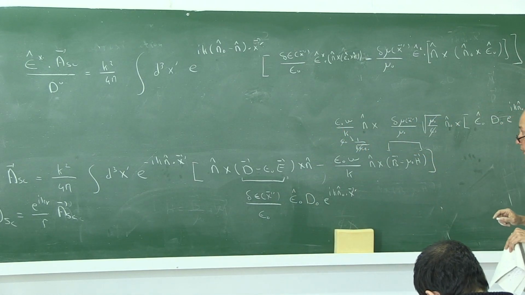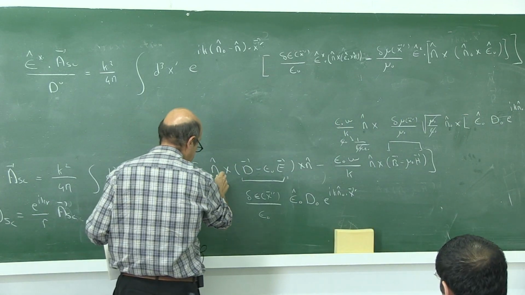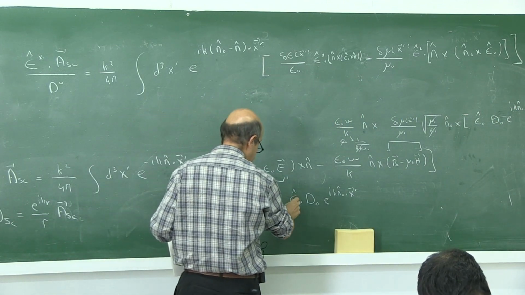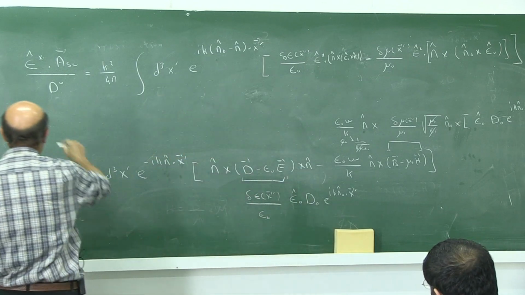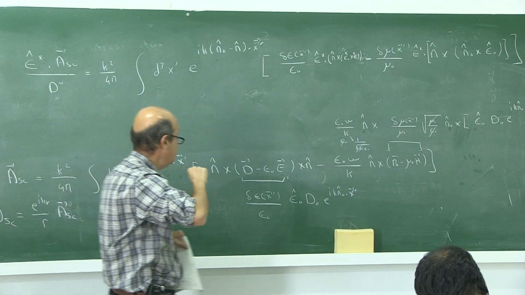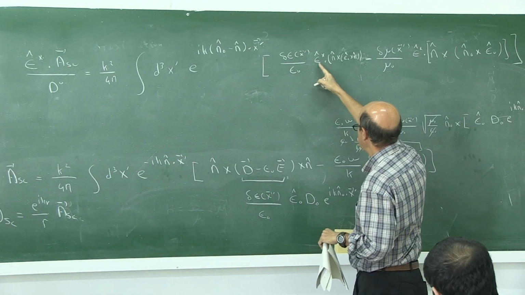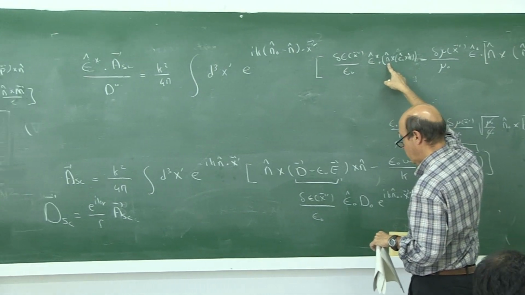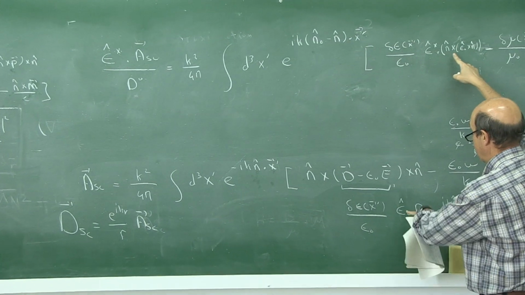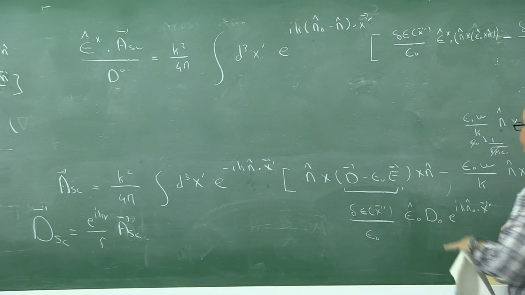So make a correction here. So we have n cross epsilon 0 cross n, and if you take the dot product with the epsilon complex conjugate, you can write this in that format: epsilon complex conjugate dot n cross epsilon 0 cross n.